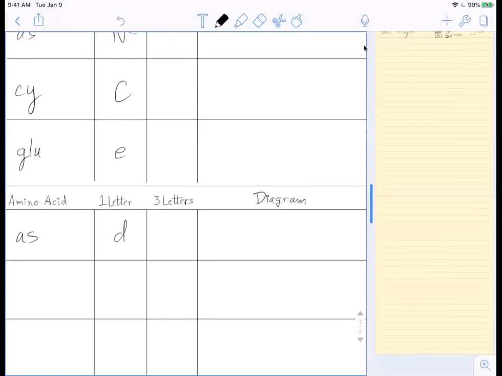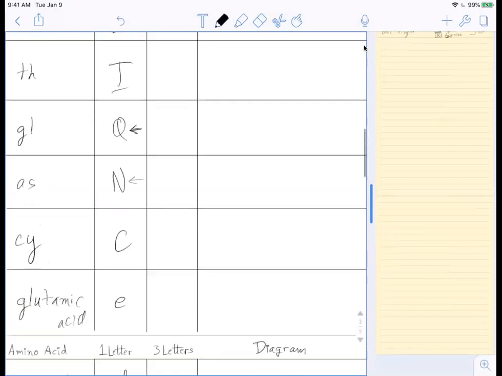Glued as acid. And so that's glutamic. That's aspartic acid. That's cysteine. That's aspartate. No, that's not aspartate. That's asparagine. And you're gonna make a few mistakes, but you'll get used to it.